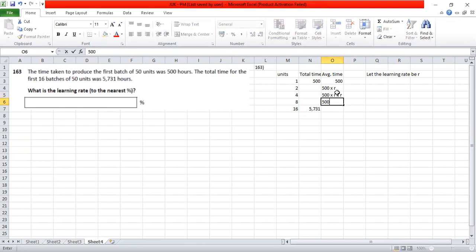Now here it will be 500 into R cube. Then we see 500 into R to the power of 4.